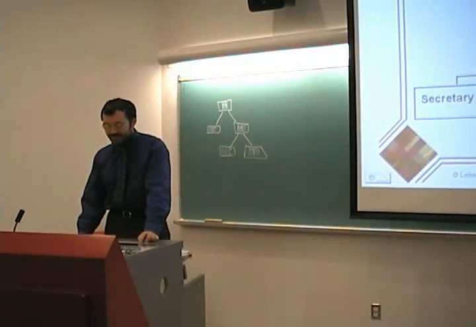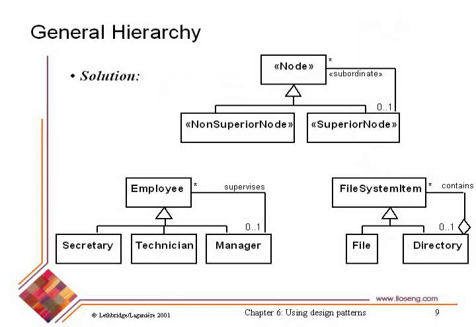Another example comes from the domain of operating systems, where we have a bunch of file system items. These are items that have a name, they have a date modified, and various other kinds of attributes associated with them at the general level. And there are then several different kinds of file system items, and we categorize them here into just two classes: the files and the directories, or otherwise known as folders in some operating systems.